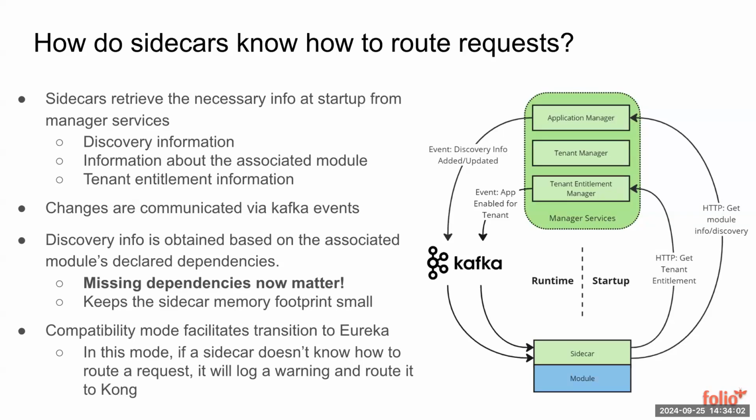Maybe the most important part is that we log a warning so that you can go back afterward and identify the missing dependencies and fix them. So it's good, after you run a bunch of automated or manual tests, to look at the logs for that message and see, okay, the request succeeded and everything's working, but performance might have been a little slower because you need to go out through Kong and then back in. So I think that's it for us.